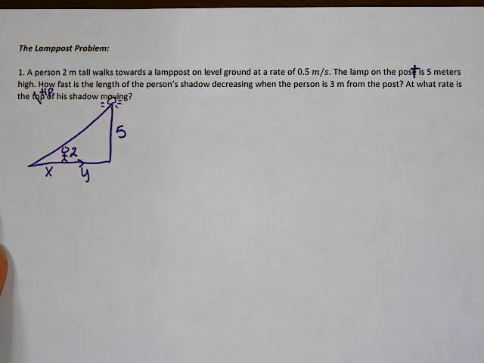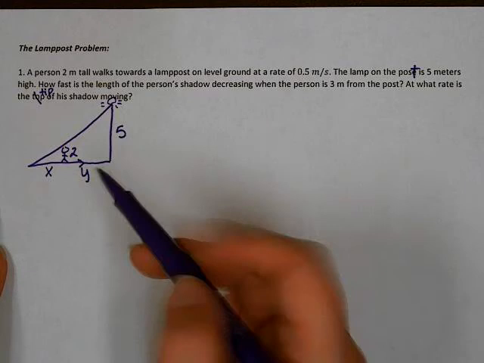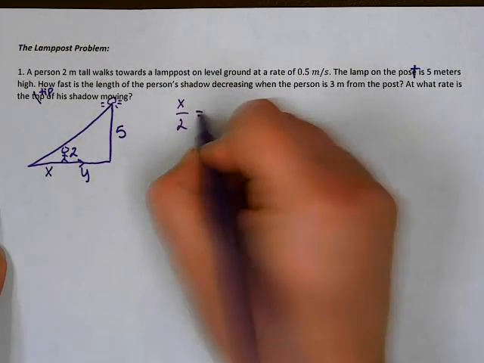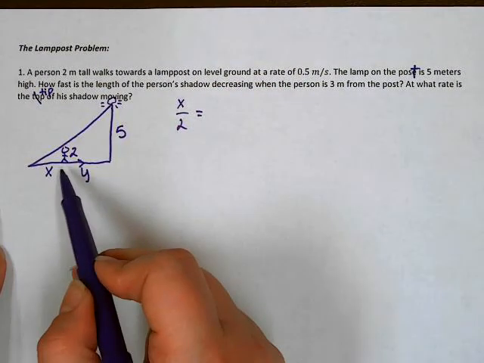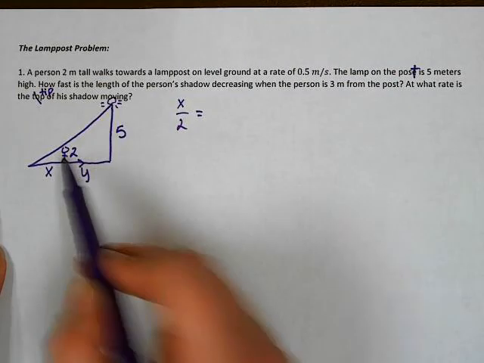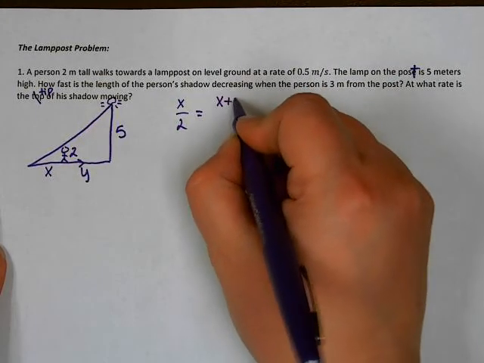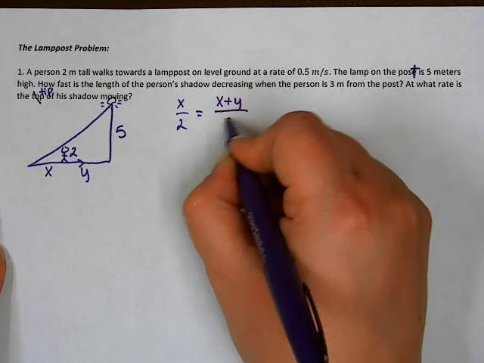So we're going to need to write an equation that relates these two things, and we're going to have to figure out exactly what it is we're doing here. So we're going to use some similar triangles. We're going to use proportions here as well. So we're going to say that x over 2, so his shadow to his height, is equal to this entire distance, which is x plus y, over 5.